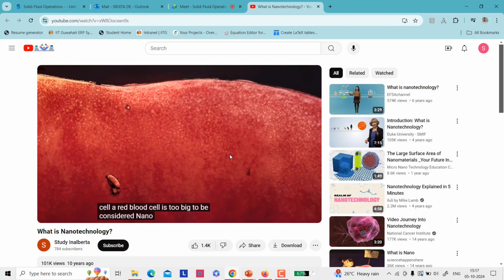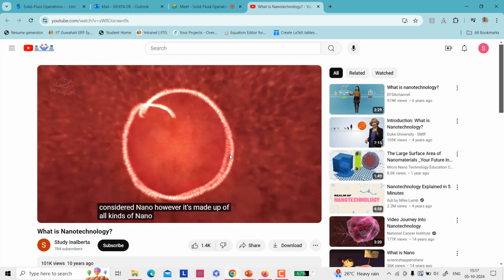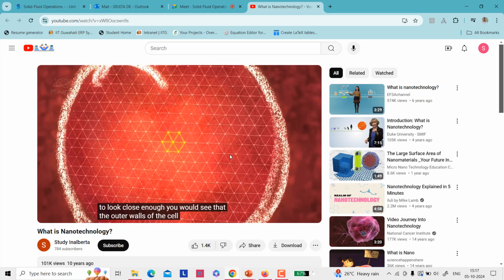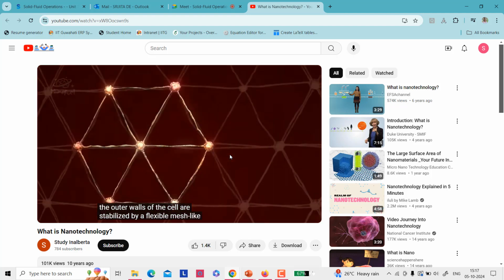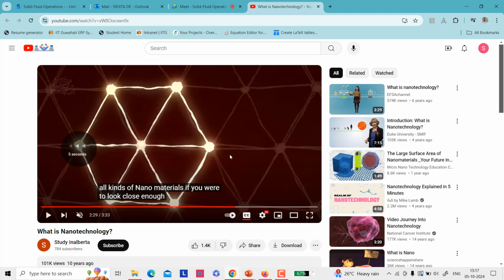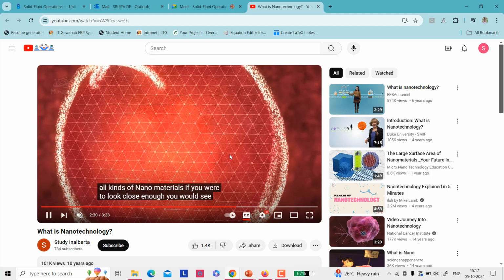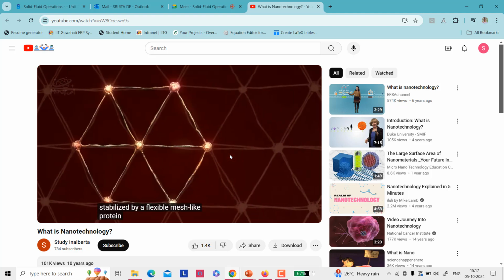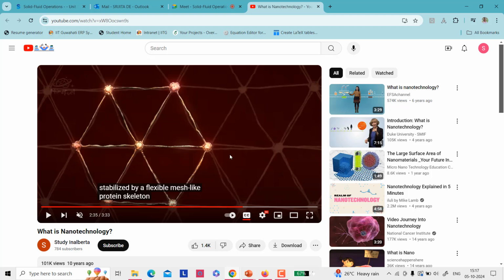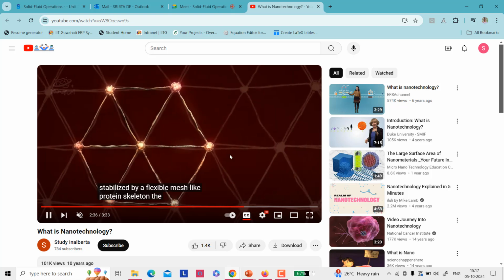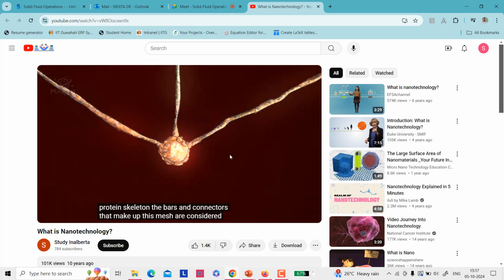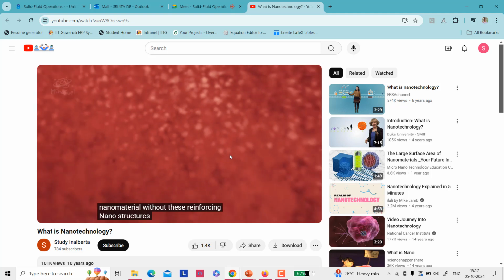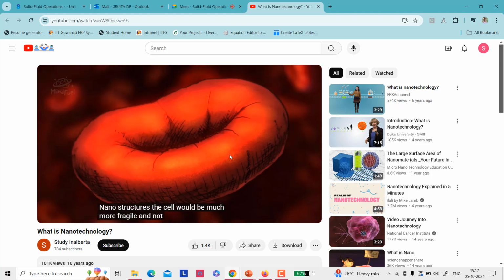If you were to look close enough, you would see that the outer walls of the cell are stabilized by a flexible mesh-like protein skeleton. The bars and connections that make up this mesh are considered part of a nanomaterial. Without these reinforcing nanostructures, the cell would be much more fragile and not nearly as flexible. It wouldn't stand a chance in your body.